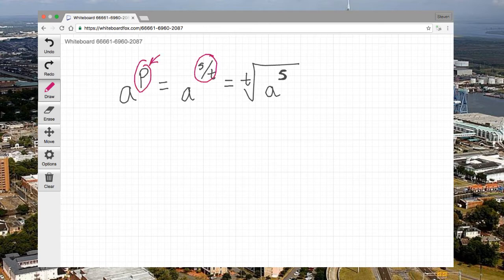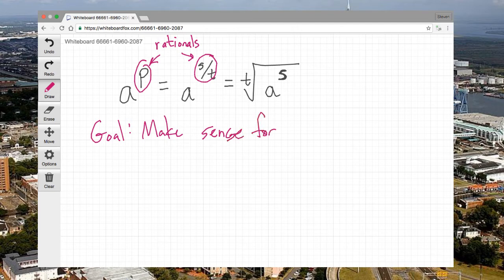And remember, the numbers that you can express as fractions of integers are called rationals. And so our goal is to have this make sense for all real numbers. P is a member of the set of all real numbers, not just rationals.